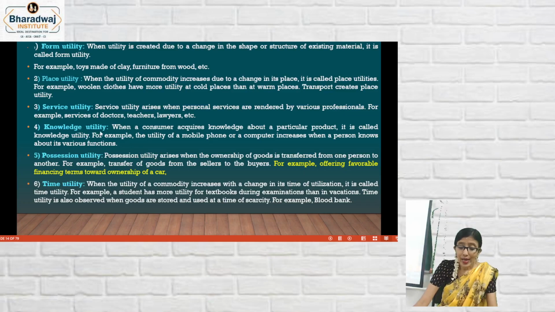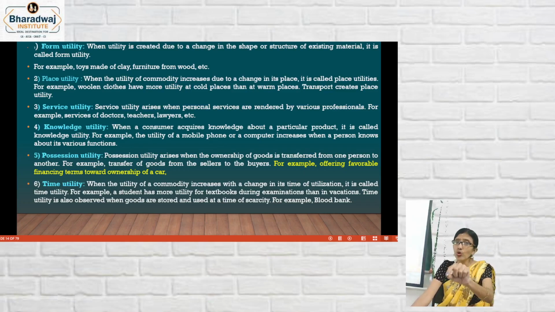So look at that. And knowledge utility is when a consumer acquires knowledge about a particular product. Say, for example, the utility of a mobile phone or a computer increases when a person knows about its various functions. Okay, that is in this digital era. Once you are aware that a smartphone has multiple uses, then you will buy it, isn't it?